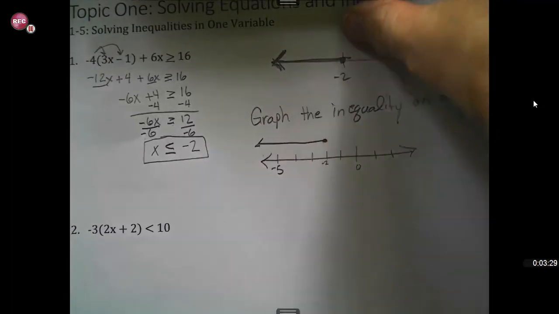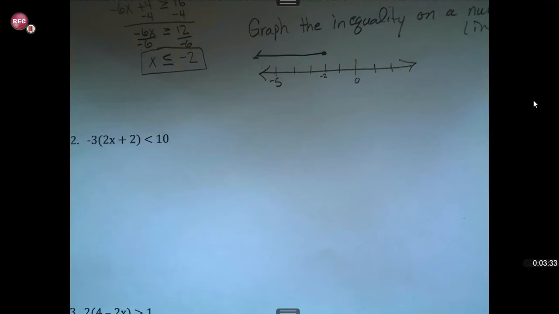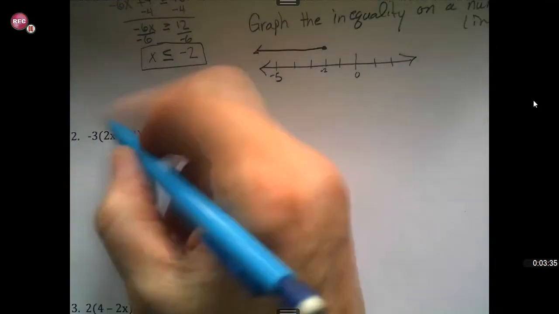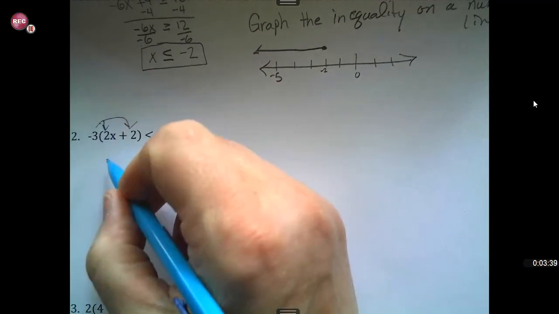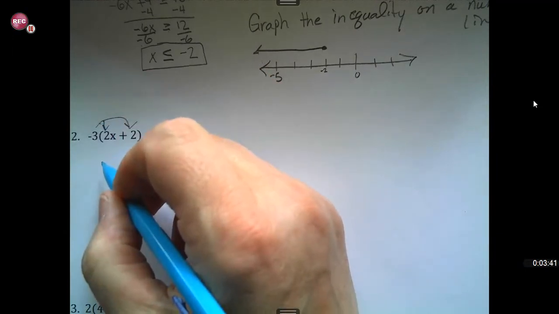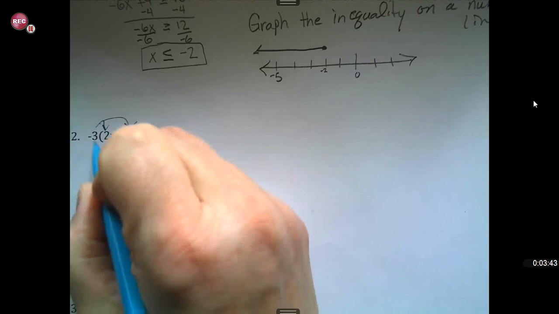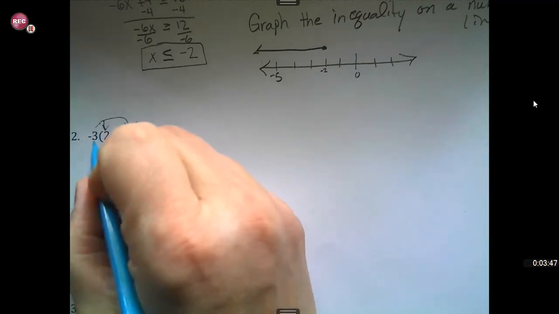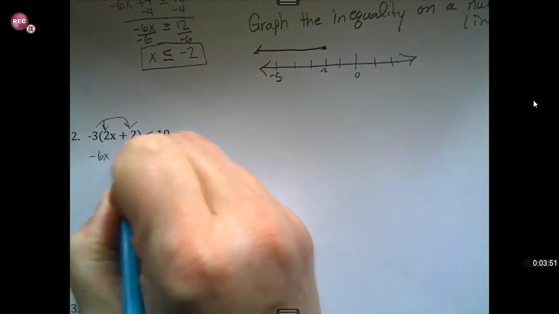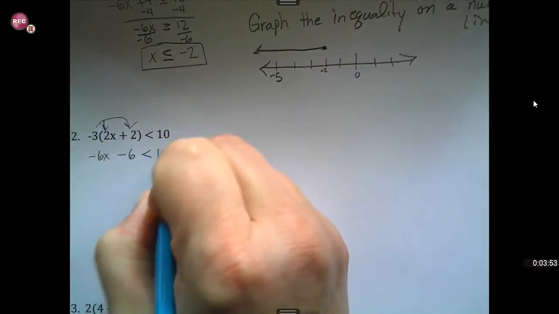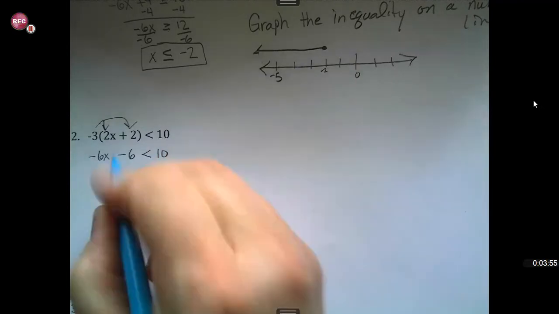All right, number 2. Again, I would need to distribute first. So remember, it's the distributive property, multiplication with respect to addition or subtraction. So when we distribute this, we're distributing that multiplication. Negative 6x minus 6 is less than 10.